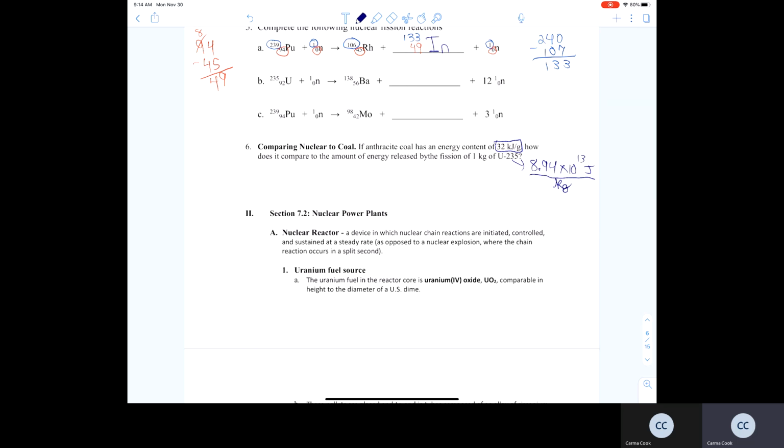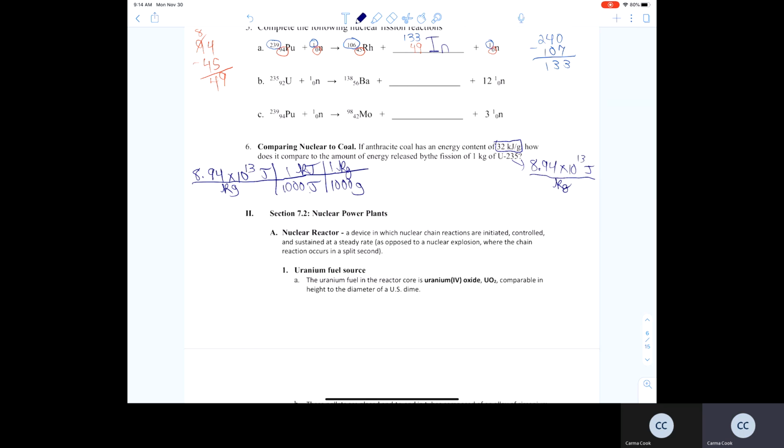So we can take our 8.94 times 10 to the 13th joules per kilogram and convert it into kilojoules per gram. That way we've got the same units, and that way we can make a comparison. So there are 1,000 joules per every 1 kilojoule, and for every 1 kilogram, there are 1,000 grams.